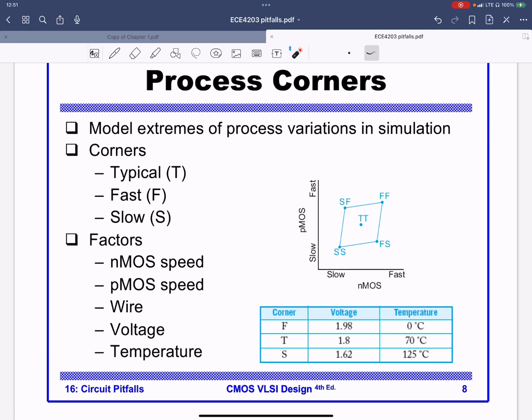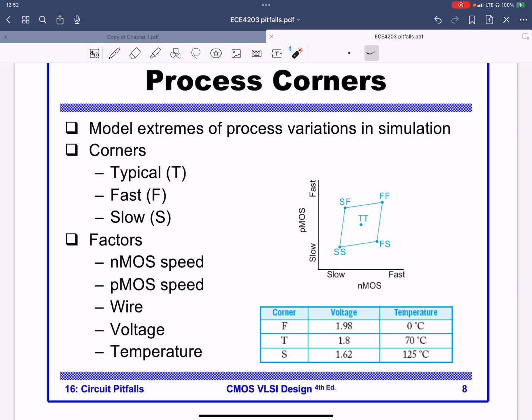They talk about process corners, meaning places where the transistors are running faster, slower, or typically. So for example, you have two types of transistors. You have the NMOS transistor and the PMOS transistor.